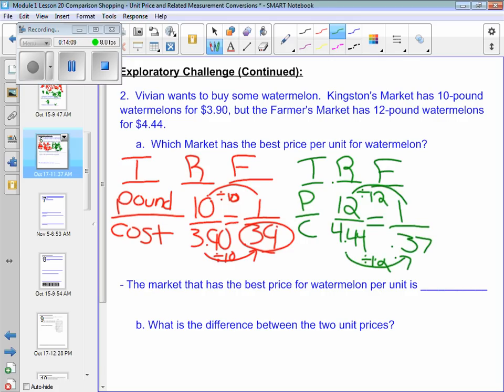So now, based on your math, what's the better deal? The 12 pound watermelon at 37 cents, so write down 12 pound. Or you could put down also farmer's market, because that's the name of the market, but 12 pound is definitely the better deal.